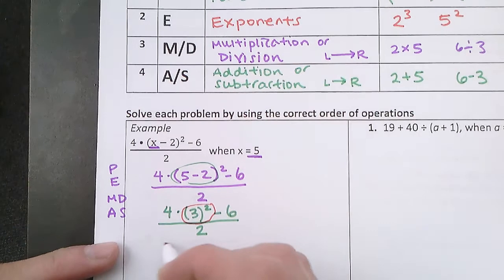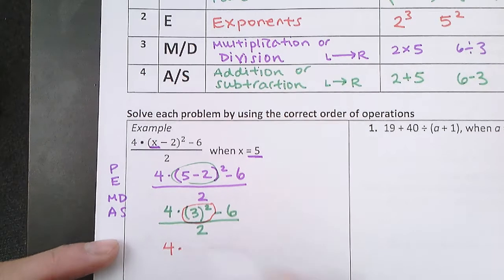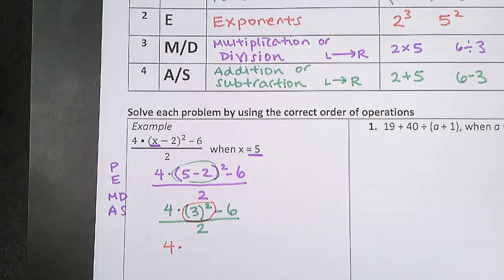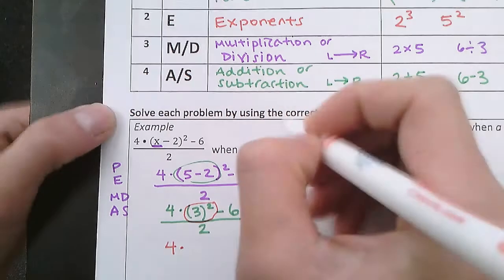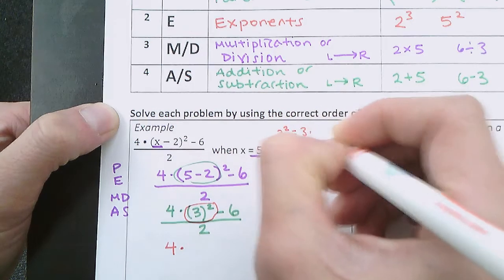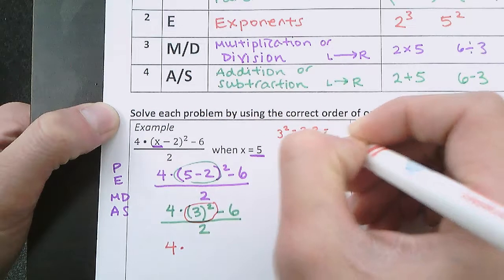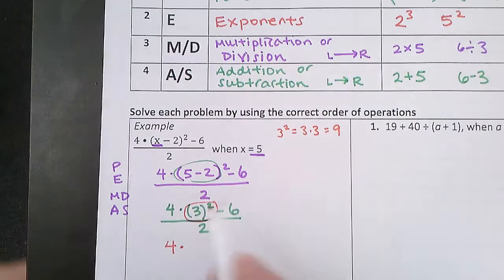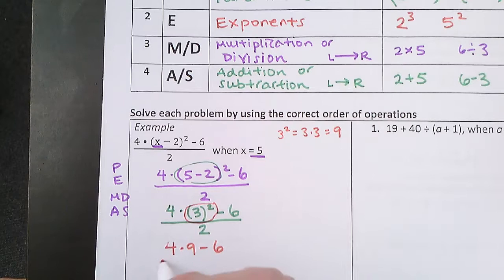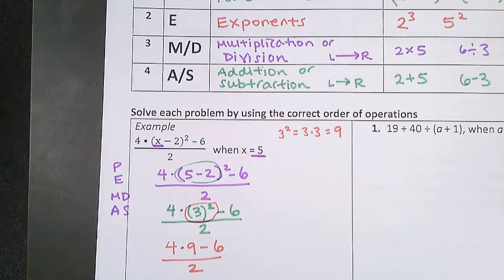So that gives us 4 times, and then 3 squared is 3 times itself. I'm going to, in this top right, write you a reminder. 3 squared is the same thing as 3 times 3, which is equal to 9. So 4 times 9 minus 6 over 2.